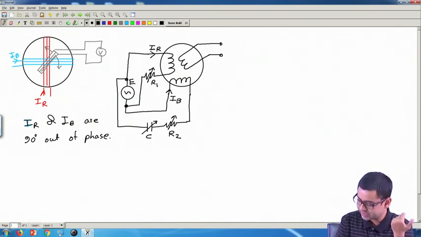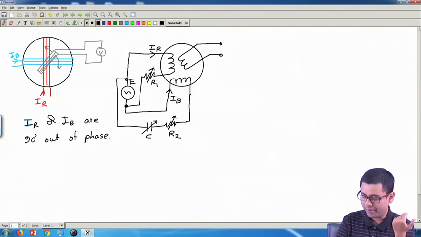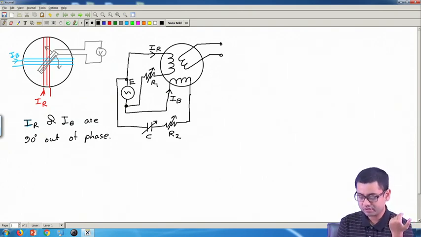Now you can change this capacitor, you can change this resistance, thereby you can control both the magnitude of this current as well as the phase angle of this current compared to the phase angle of IR.